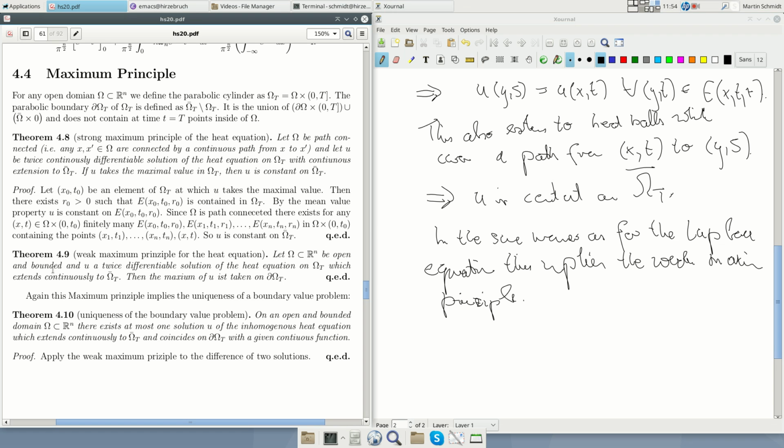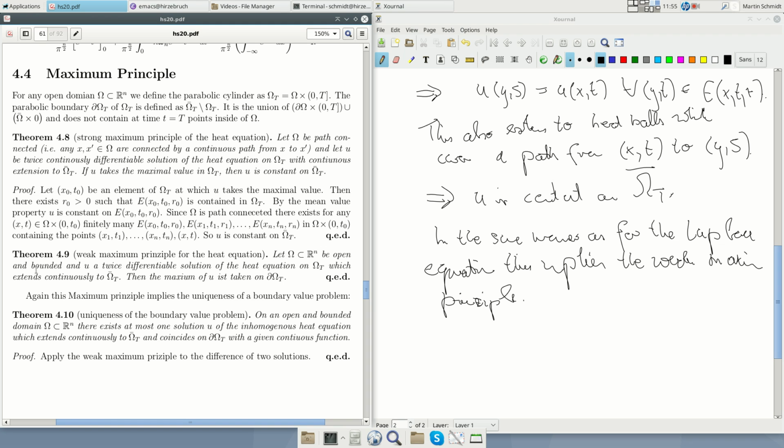Again, we have an open and bounded domain. We have a twice differentiable solution of the heat equation, which extends continuously to the closure. Then a maximum of u is taken on the parabolic boundary. If it's taken in some point not in the parabolic boundary, then it's constant, and this means constant in the corresponding connected component. And since the corresponding connected component has some boundary points, this means it is also taken at the boundary.